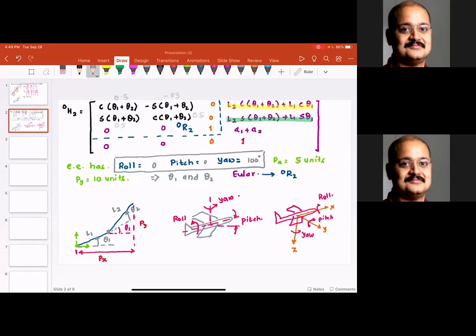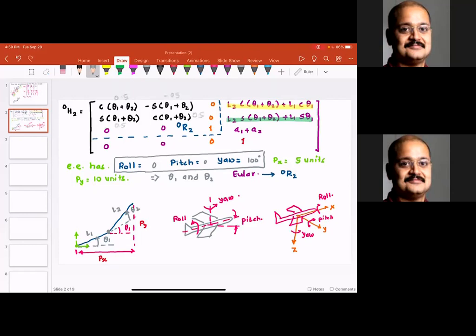The inverse kinematics problem is: you are given the end effector orientation and position, and from that you have to find the individual joint angles. In this problem, purely based on the rotation matrix, you cannot find the values of theta 1 and theta 2. So how do we solve this problem?